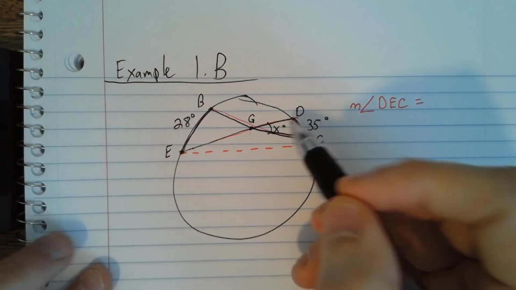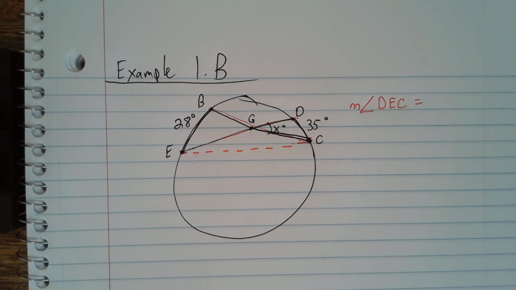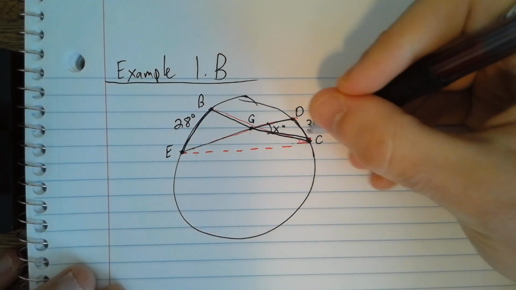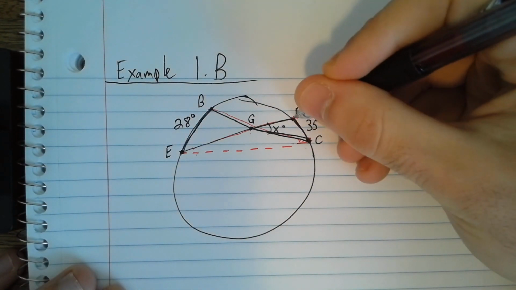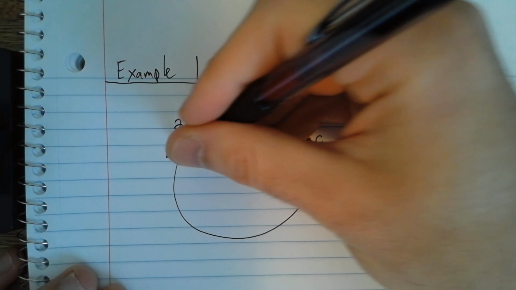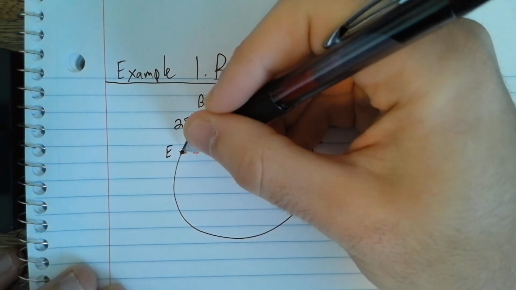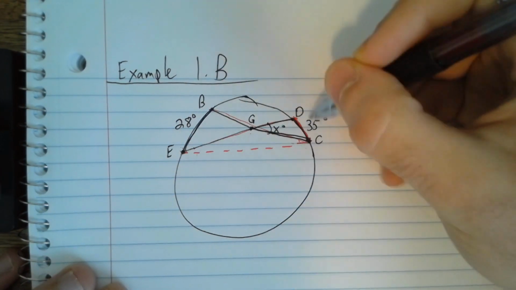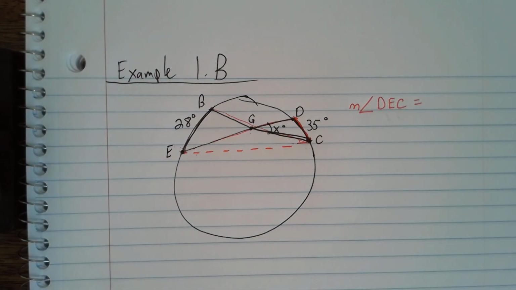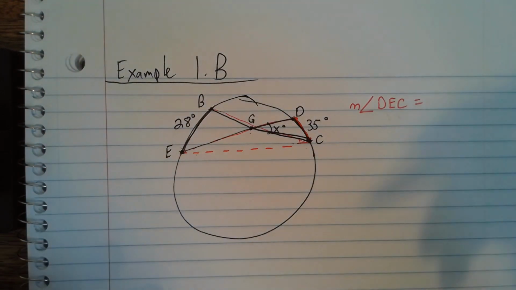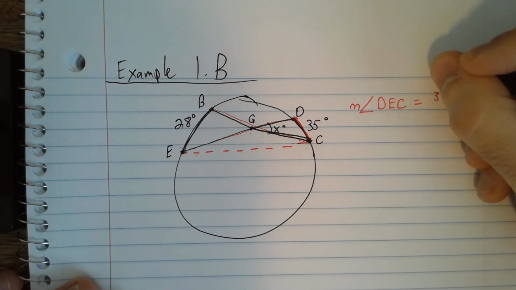What's the measure of angle DEC? Well, we know that an inscribed angle is half the measure of the arc that it intercepts. DEC intercepts arc DC, right? Because DEC starts at D, the angle's at E, then it jumps to C. Arc DC is 35 degrees. So that means the measure of angle DEC is half of 35.